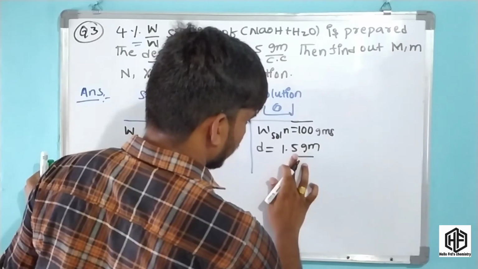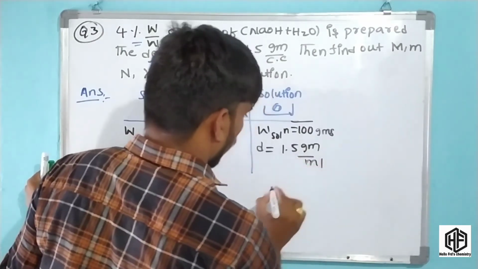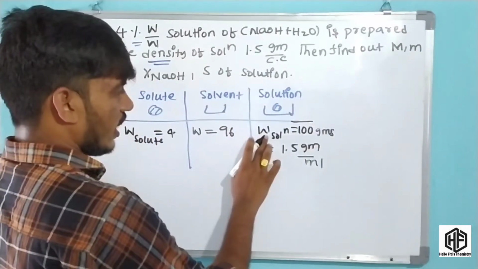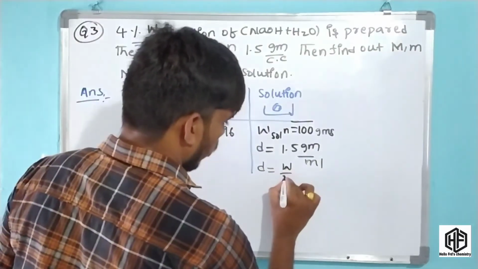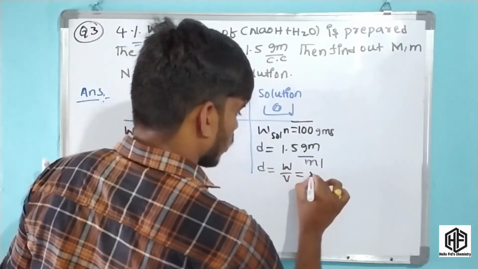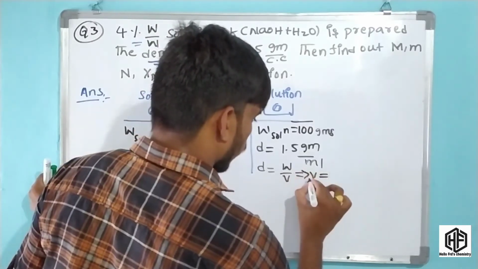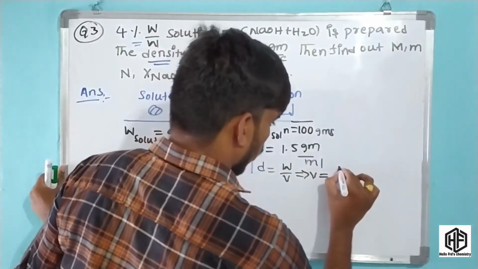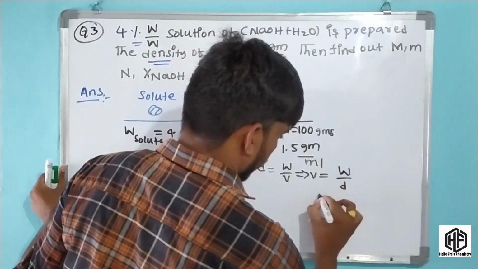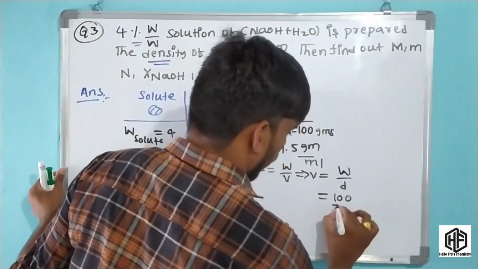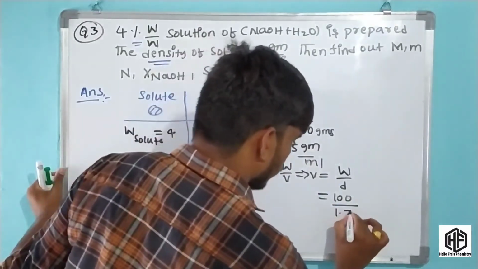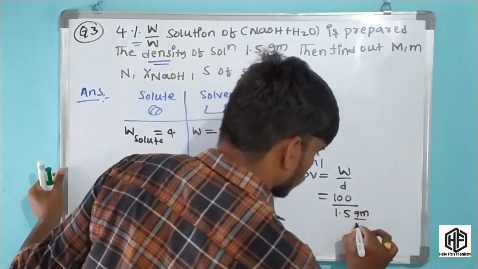Now 1 cc is equal to 1 ml. Okay friends, density is given and weight is given. Now density is equal to weight by volume. Now find out the volume. Volume is equal to weight by density. Now the weight of the solution is 100 by density, which is 1.5 grams per ml.